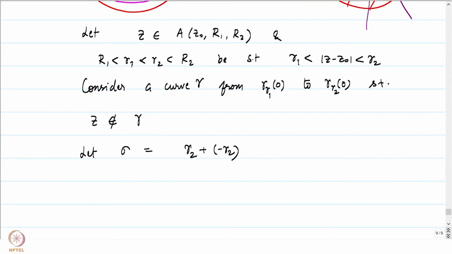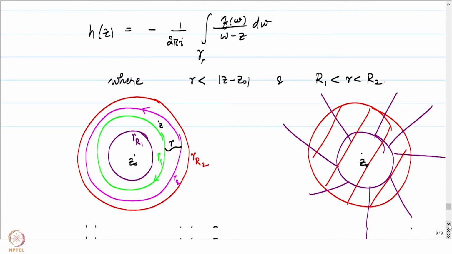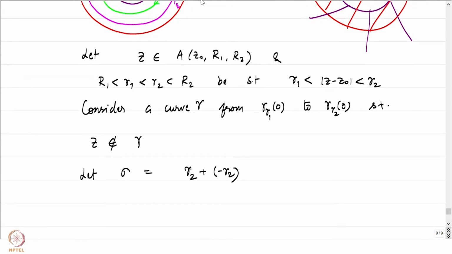Then we will go along gamma r1 in this direction, which is minus gamma r1, and then you come back along gamma.